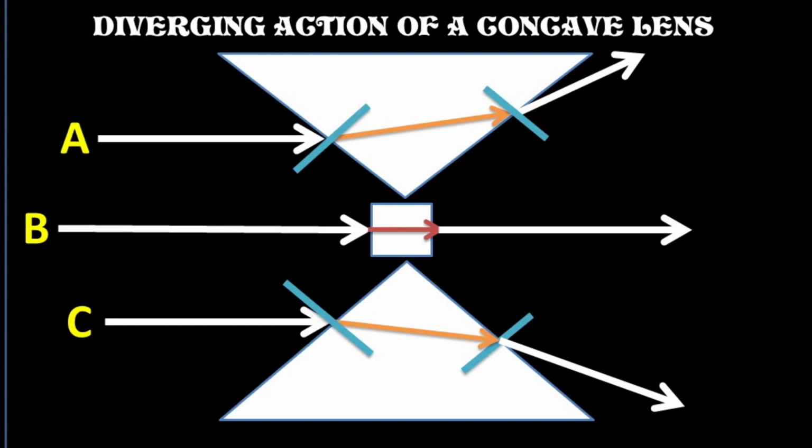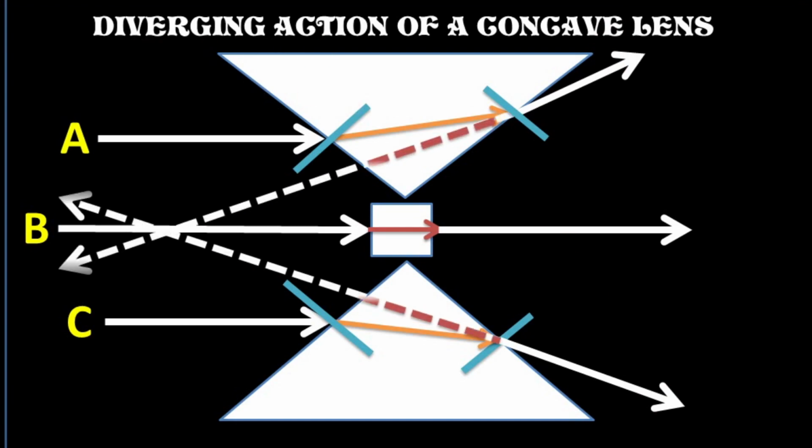If we extend the emergent rays backwards with dotted lines, they appear to meet at point F. This point is called as focus. Diverging means going away. As the emergent rays are going outwards, the lens is called as diverging lens.